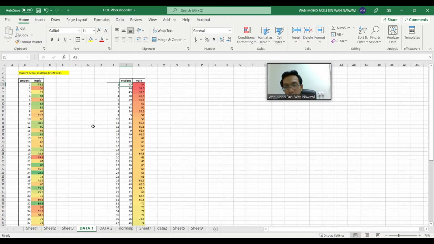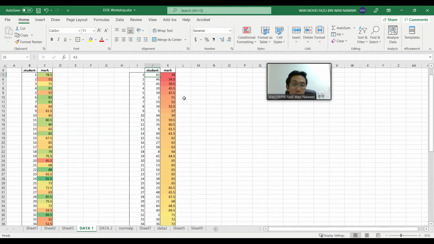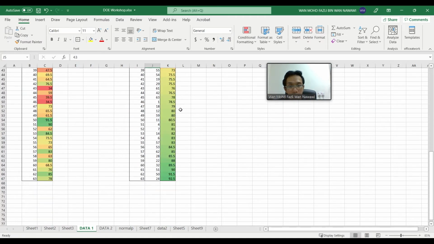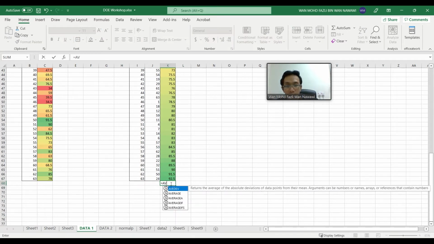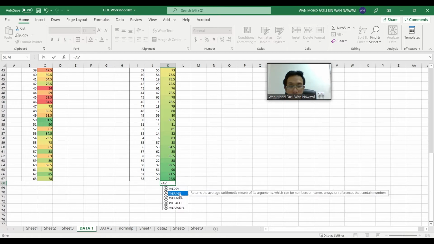So when you have the data, first you can find the mean. You can find the mean by simply finding the average.